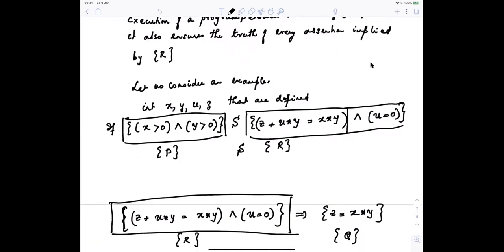So as part of the functional specification of the program, this is primarily declaration of variables.